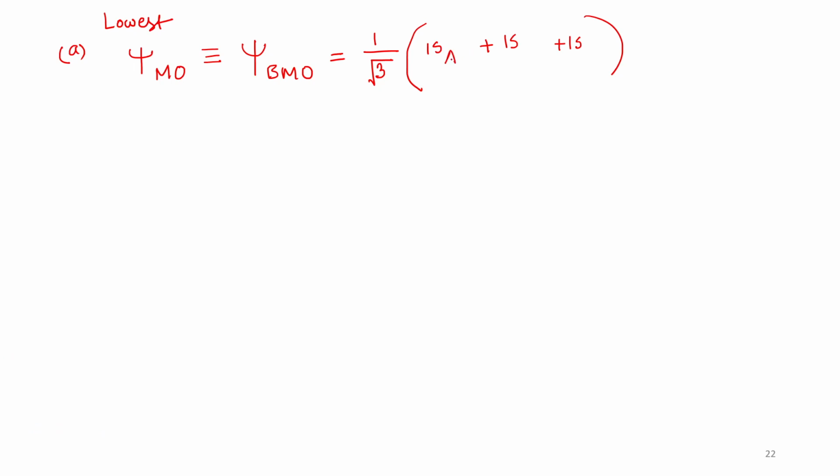So 1 is A, the first atom, second B, C, right, like this.